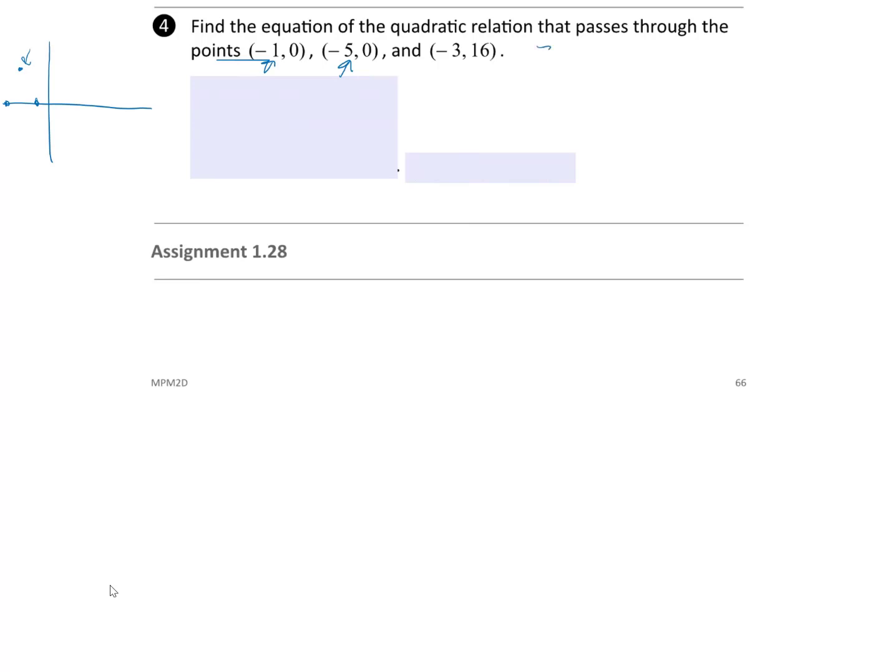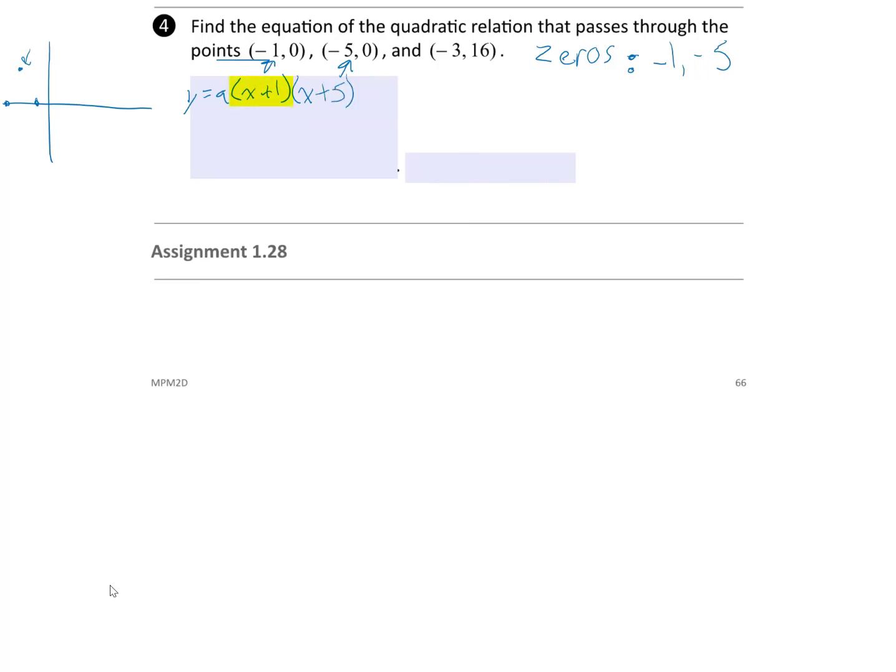Our zeros are -1 and -5. That means that when we sub them into the brackets, we need -1 to give us 0 and -5 to give us 0. So our equation should equal a, because we don't know our a value yet, (x + 1) and (x + 5) instead of -5.